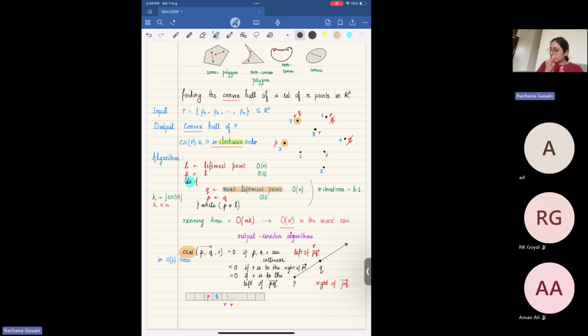So since in every iteration, I'm going to scan the remaining elements in the array, the number of iterations that we need in the worst case will be order n. So it will keep on reducing n minus 1, n minus 2, and likewise up to 1. But overall, the running time will be order n times k.